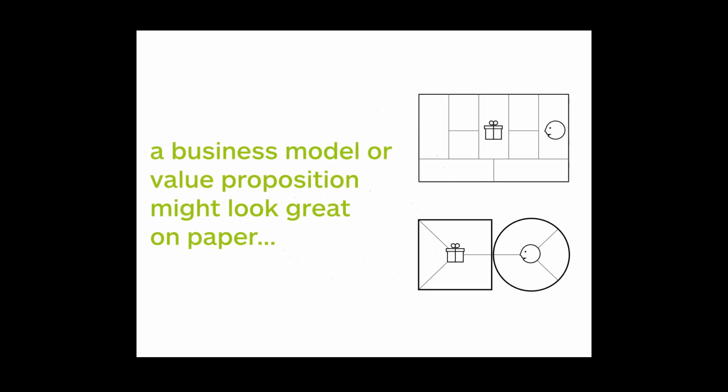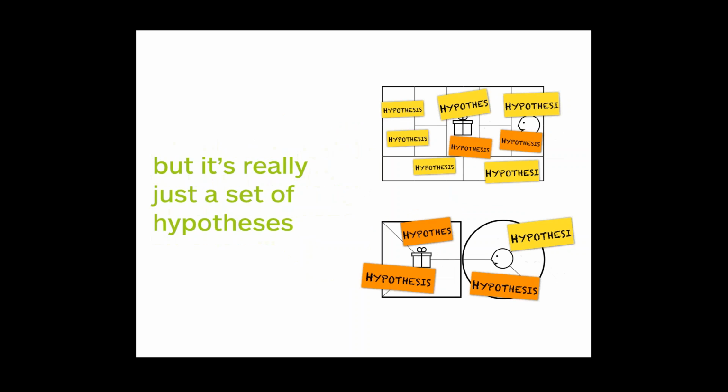So a business model or a value proposition might look great on paper, just like a business plan does, but in reality, it's just a set of guesses, just a big hypothesis or hypotheses that need to be tested in the market with real customers, with real stakeholders, with partners, with legislators. We have to be testing our business models and our value propositions constantly.